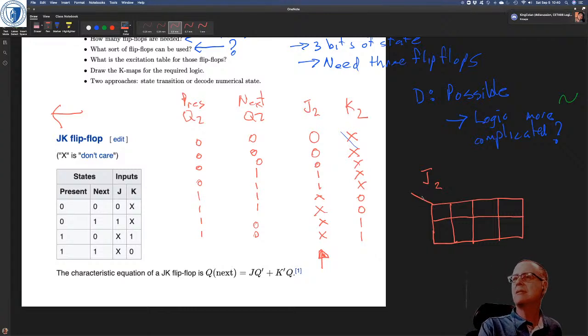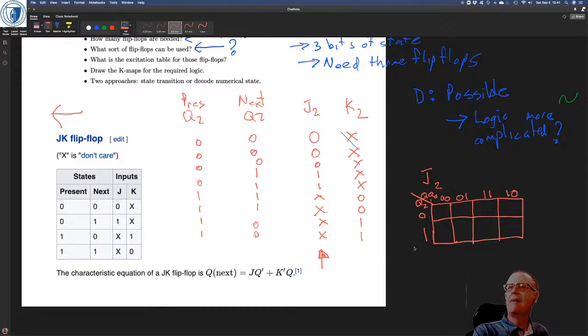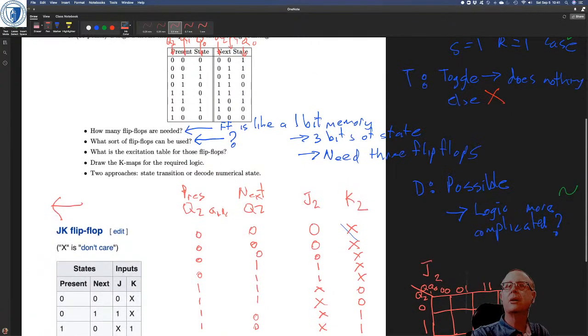K-maps, right? So Q2 is going to be 0 or 1. Q1 Q0 is going to be 0 0, 0 1, 1 1, 1 0. I actually do need to know Q1 and Q0, so let's just fill those out.